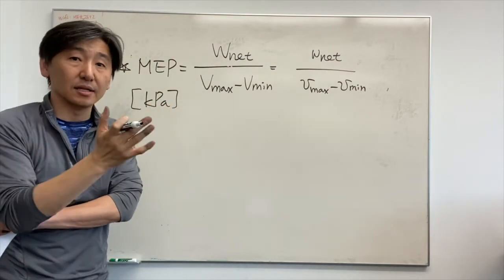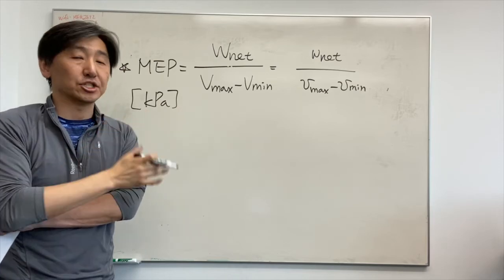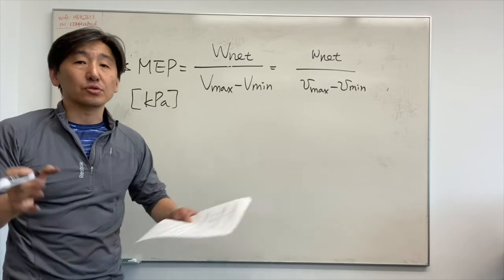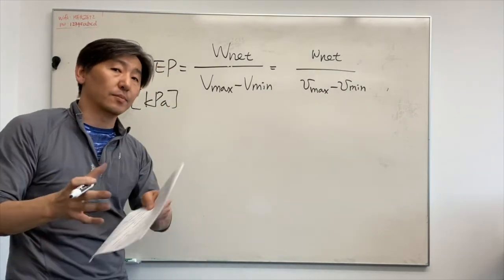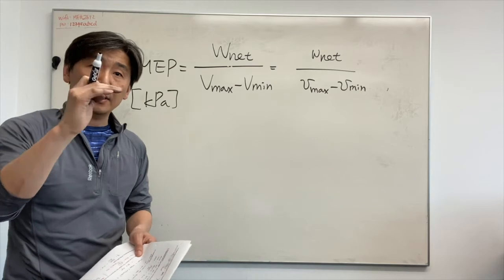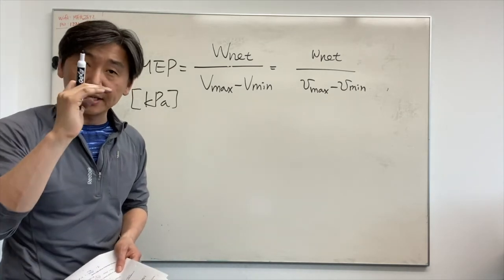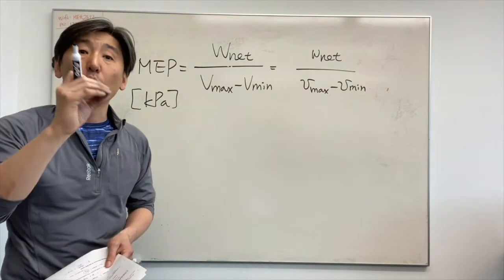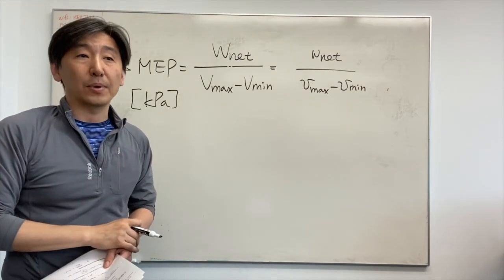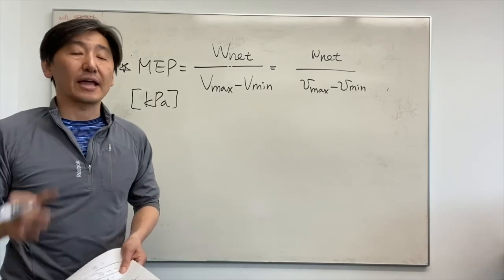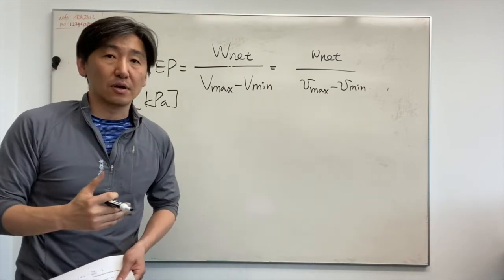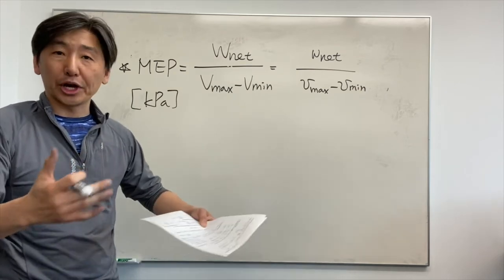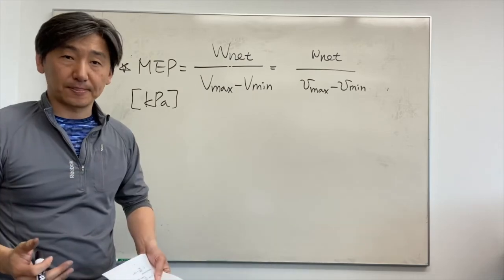So we can kill all the size dependence of that engine. Then by using MEP values, it doesn't really matter whether your engine is big or small. As long as you take a look at the MEP values, you can see which one gives you more power or more work, considering that size. So that is why MEP is so attractive for us to use in talking about the net amount of work of certain engines.